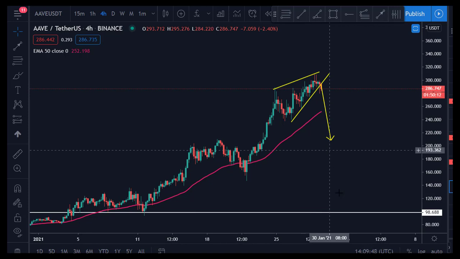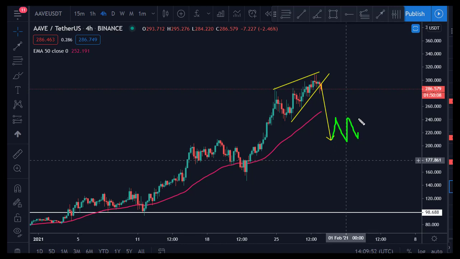Don't get me wrong. After this drop, we will watch for whatever forms next. It will consolidate small and tell us the next wave, either up or down, based on the pattern it forms here. But now expect this sharp drop on Aave.